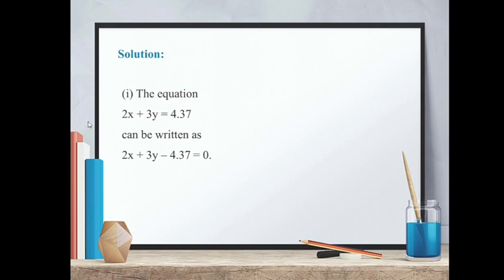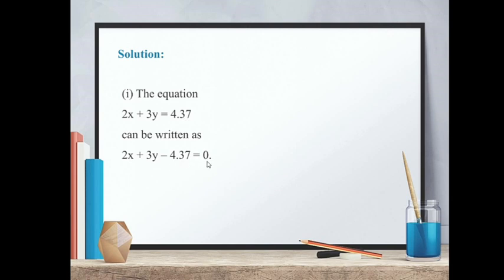Here we want the form of linear equation in two variables, and the standard form is ax plus by plus c equals 0. So we can write this equation as 2x plus 3y, and we can transfer this 4.37 to the left hand side. Then the positive number will become a negative number as we are transferring the number from right to left. So it will become minus 4.37, which equals 0.